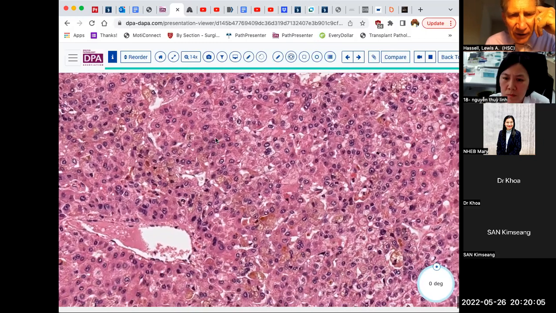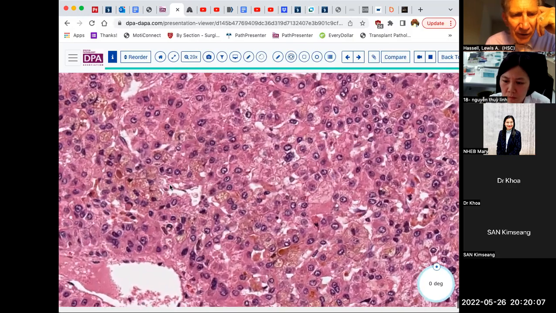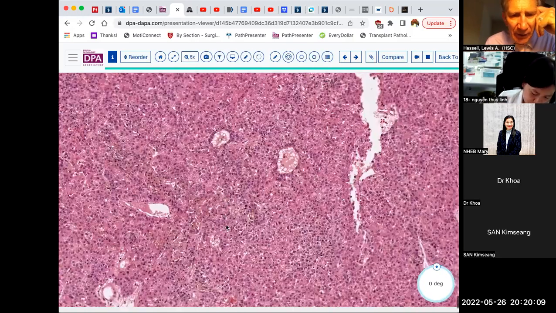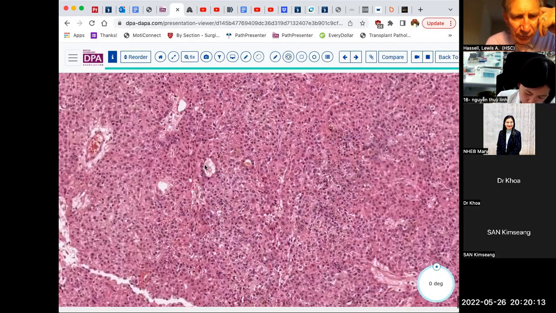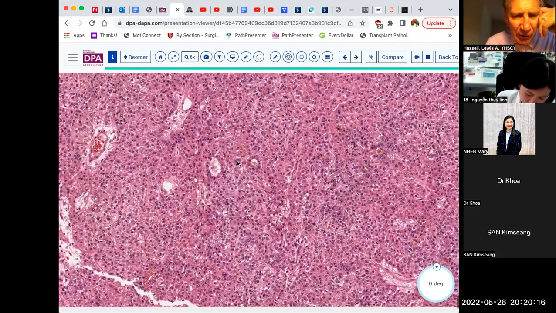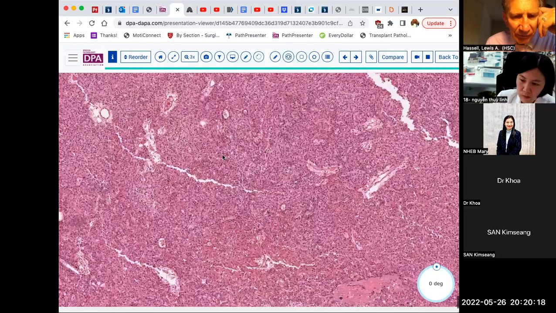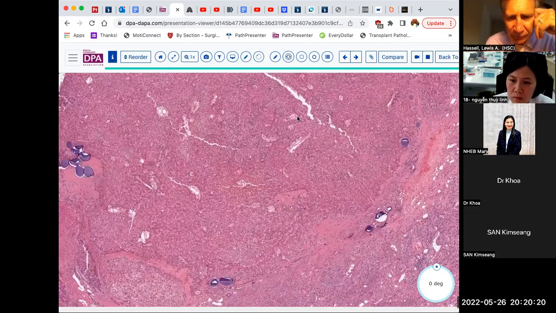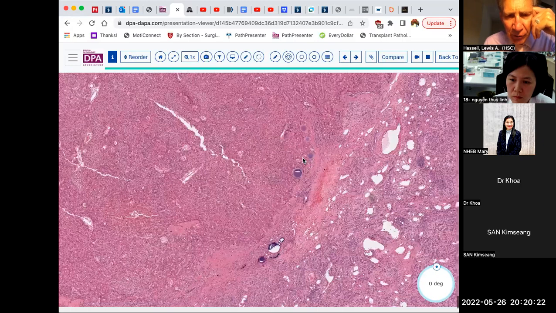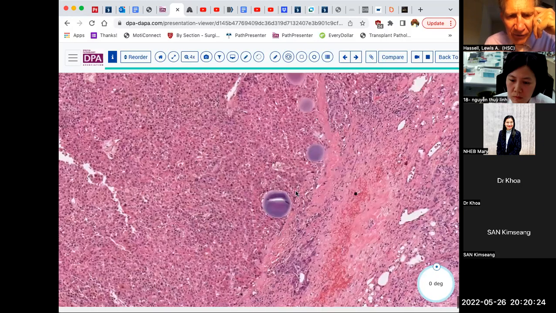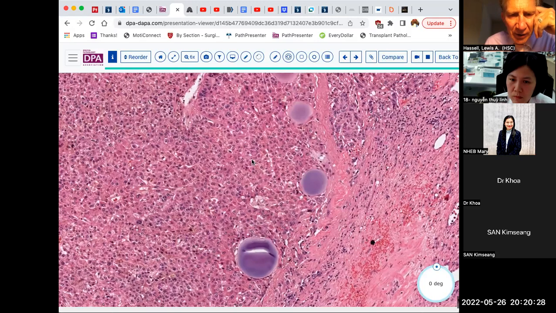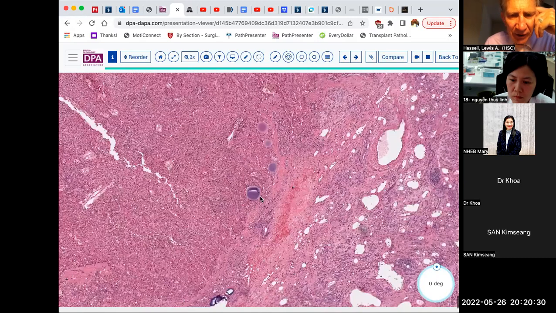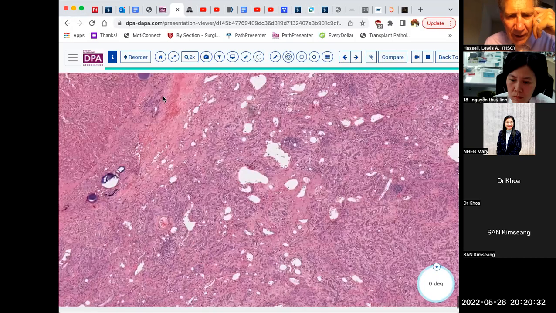You've got a fairly low-grade pattern. No bile ductular structures, no cholangio structures in here. Now, this tumor was treated by an interventional radiologist, so you see the embolization beads and polyvinyl alcohol here.